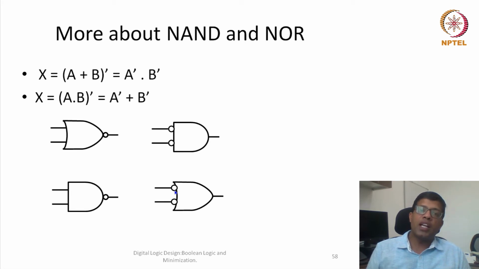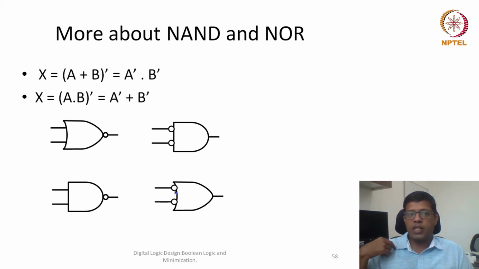So these NAND and NOR gates now become a bridge between AND and OR gate. So essentially, if I want to convert an AND gate to OR gate, then I can use these bubbles or inverters to convert from AND gate to OR gate or NOR gate. So similarly, OR to NAND also it can be converted.